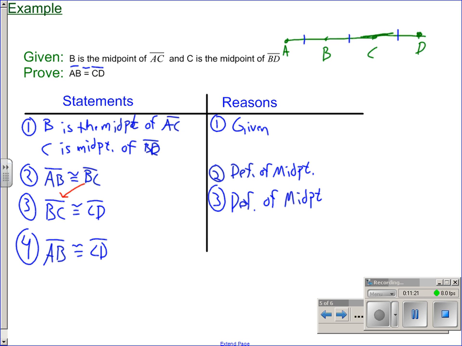And that's our statement we were trying to prove. So this proof is done once we give this last reason, transitive property. That's the idea of a two-column proof. There's a logical progression of statements from the given information to what you're trying to prove. It's nice and ordered in number. You're given your reasons why the statements are true.